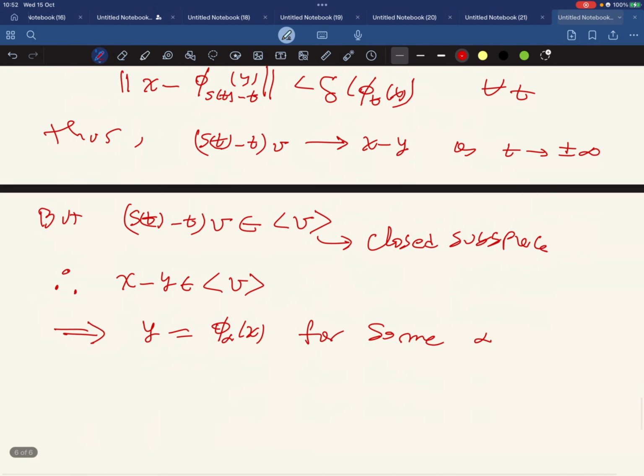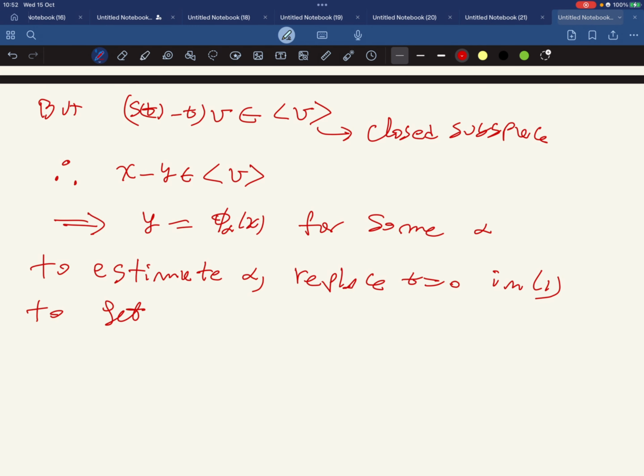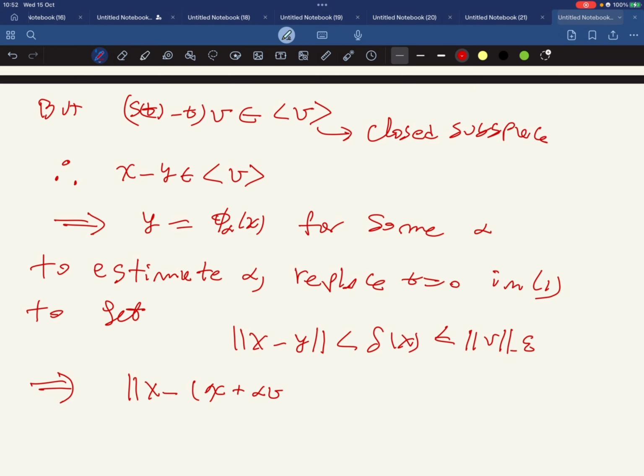Okay? We estimate alpha. To estimate alpha, we just replace t equals 0 in inequality 1, to get the norm of x minus y is less than delta x, which by definition is less than the norm of b times epsilon. Then the norm of x minus x plus alpha v is less than norm of b multiplied by epsilon.